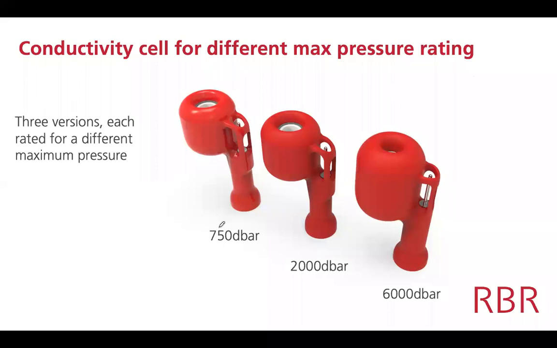We have one version that goes to a maximum of 750 decibar, and then we have 2000 and 6000 versions. You can see they vary slightly in the construction. Just as you go deeper and deeper, you require a more robust construction to handle the increasingly high pressure.